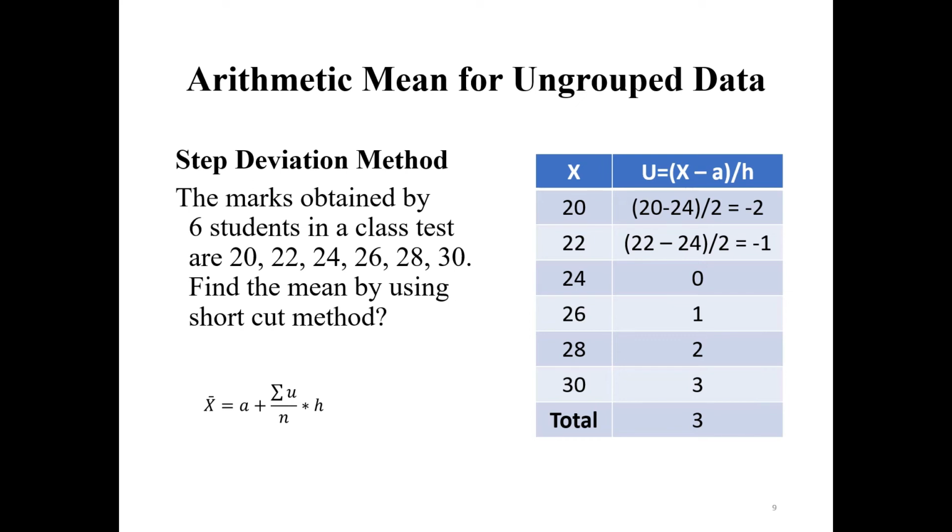For the first value of u, 20 minus 24 divided by 2 is equal to minus 2 and so on. The sum of u is equal to 3. Here a is equal to 24, sum u is 3, n is equal to 6 and h is 2.